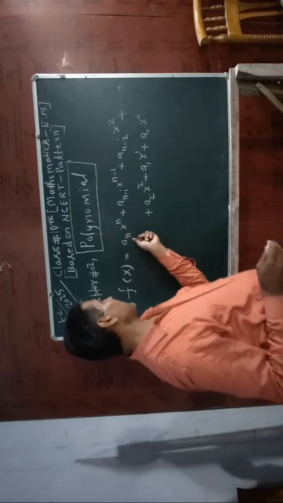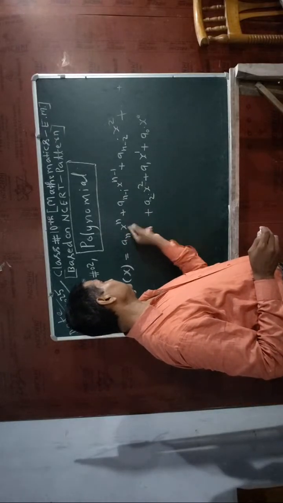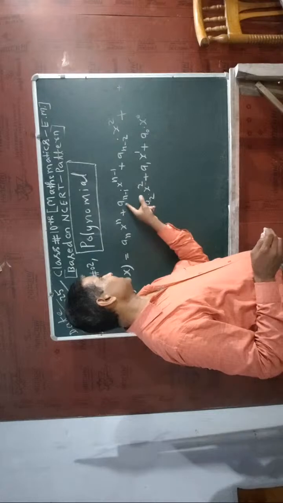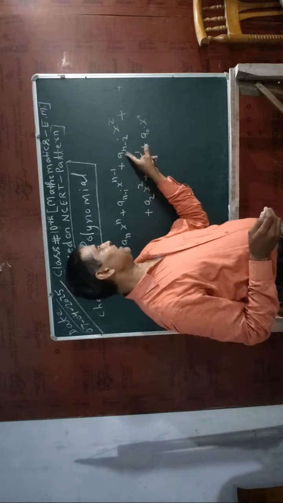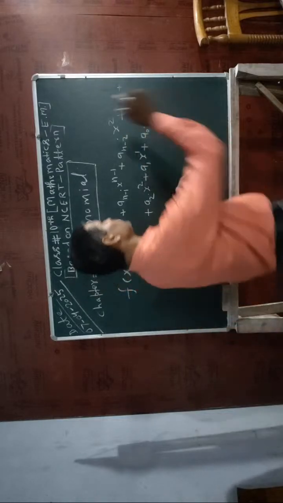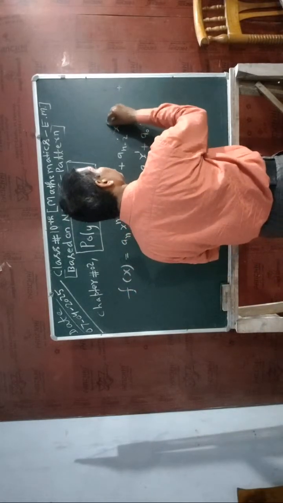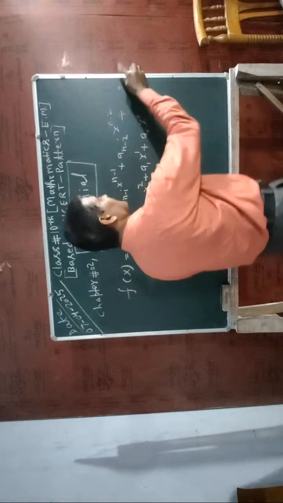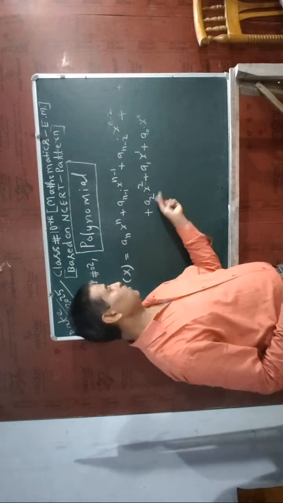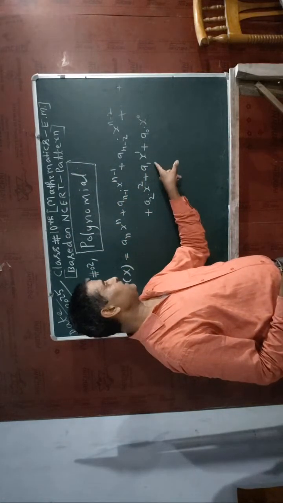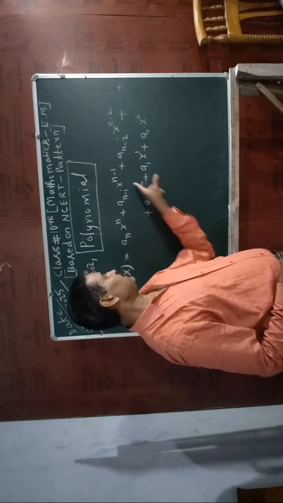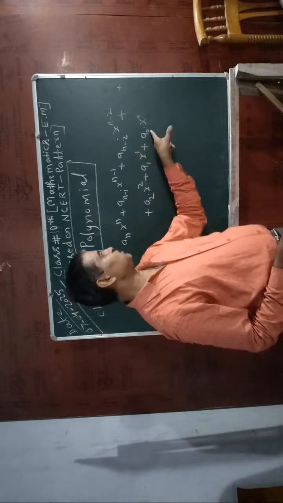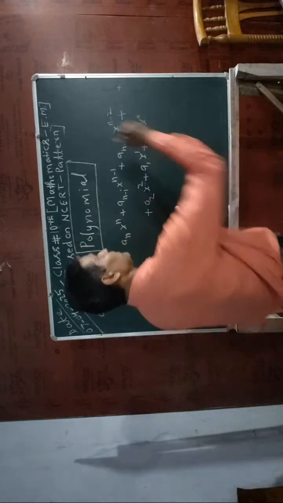So a_n x to the power n plus a_(n-1) x to the power n minus 1, here a_(n-2) x to the power n minus 2, plus dash, plus a_2 x to the power 2 plus a_1 into x to the power 1. Same power I am putting: here 2, here 2, here 1, here 1, here 0, here will be 0.